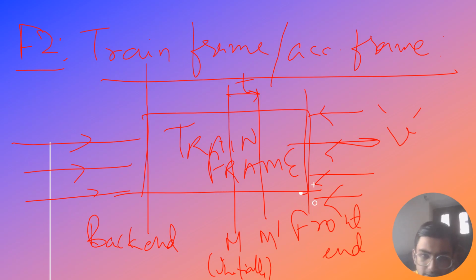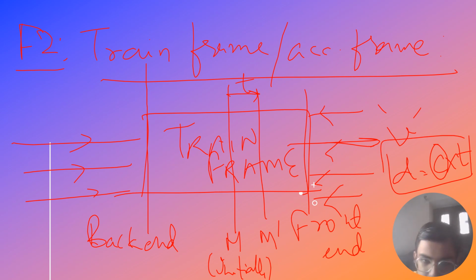Because you see here, the very simple concept is that the distance is less. You see the basic formula: distance equals speed into time. Now speed is constant for both the cases, so we are just concerned with time.